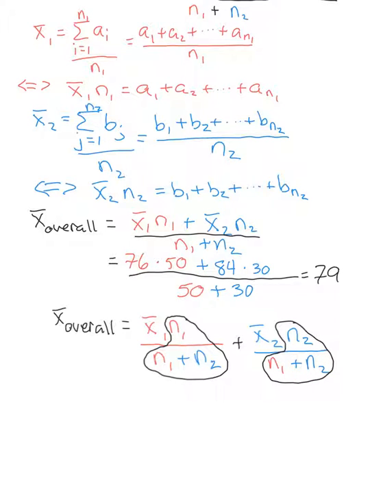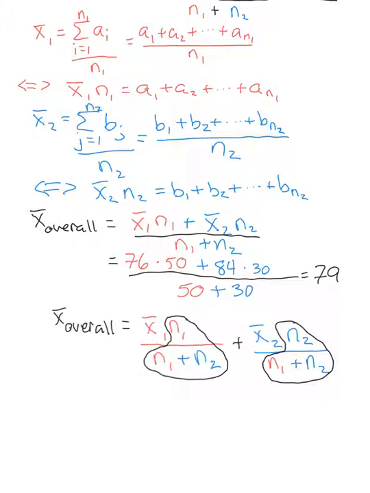Now you'll notice that if we had n1 equal to n2, so if both classes had the same number of students, then we could actually use just the mean of the means formula. So that would just be x bar 1 plus x bar 2 over 2, and it would work. However, here we have a different number of students in each class.